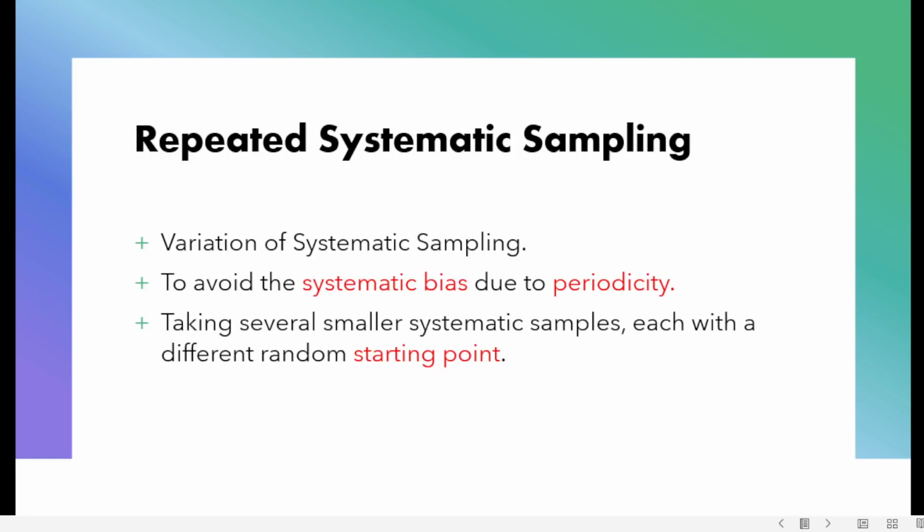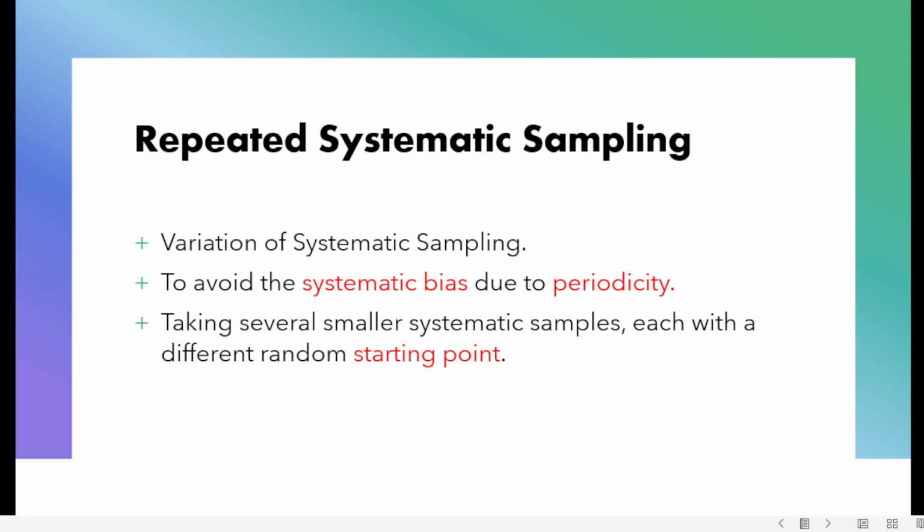Repeated systematic sampling is a variation of systematic sampling to avoid the systematic bias due to periodicity, taking several smaller systematic samples, each with a different random starting point.